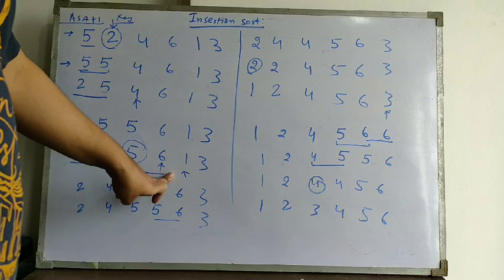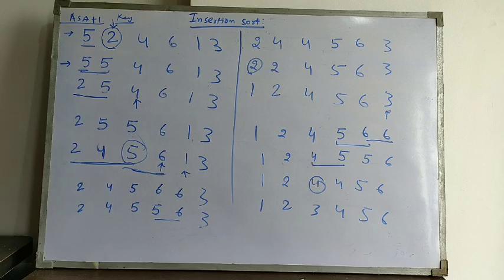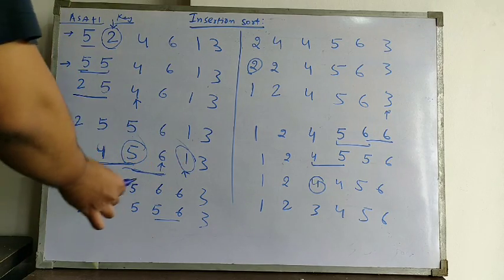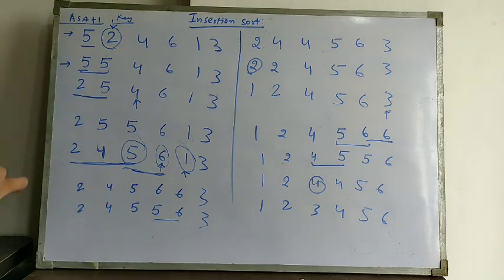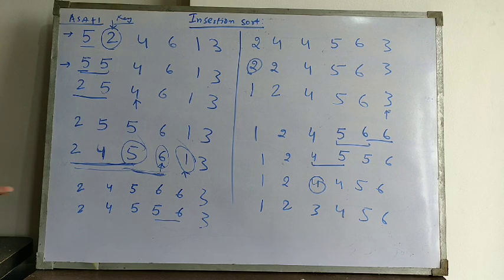But this is not greater than 6, so it means this is already a sorted array. Now my pointer reaches here. The rightmost element is greater than 1, so I need to create a place in the already sorted array for this element.